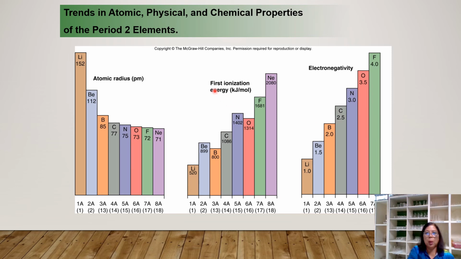And then in terms of first ionization energy, I would like you to look into your periodic table to see the trend, because this is neither increasing nor decreasing, but rather it follows a zigzag. So lithium, where can you see lithium? And then beryllium.